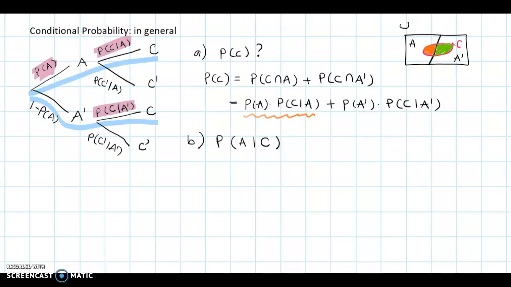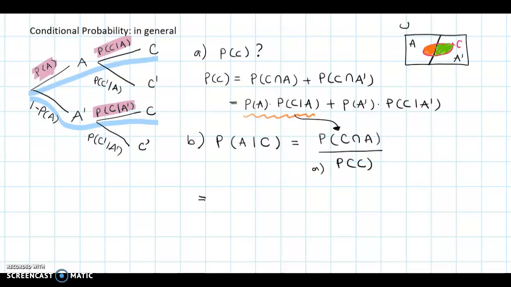We knew the probability of C given A, now we want to find the probability of A given C. According to the formula for conditional probability, we need to find the probability of C intersection A, and we need to divide it by the probability of C. And notice that the probability of C intersection A, we already found it, is the orange underline over here. And the probability of C, we already found it. That was actually what we did on part A.